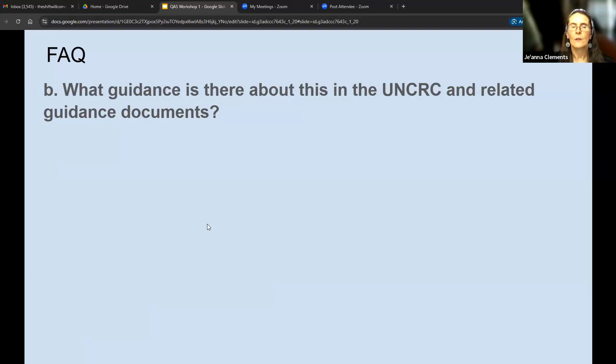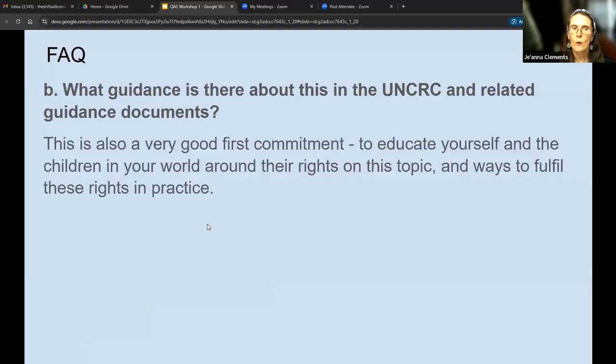Then in terms of this step, what guidance is there about any particular right in the UNCRC and its related guidance documents? How would you know?